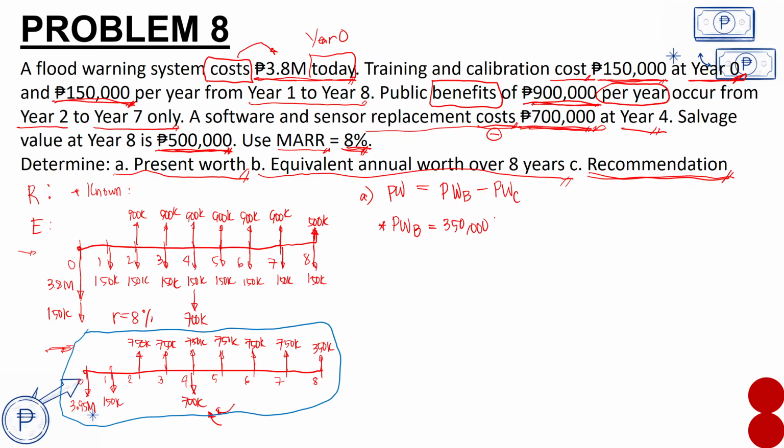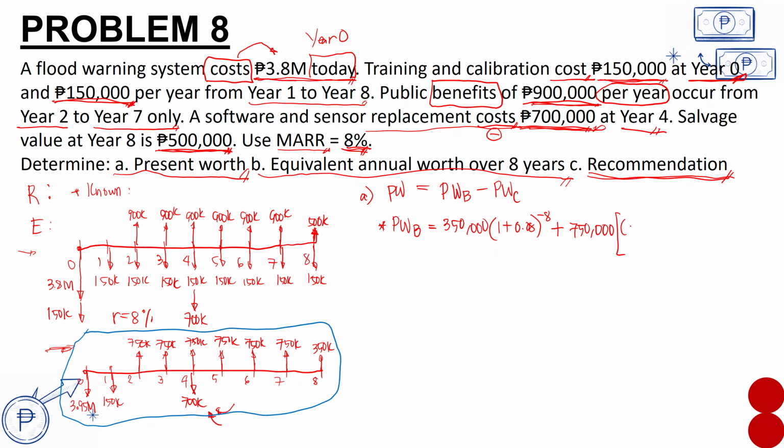salvage value. So we just use the present worth formula, 1 plus 0.08 raised to negative 8. And then we have our 750,000 pesos annuity. Since this is an annuity, we are going to get the present worth.